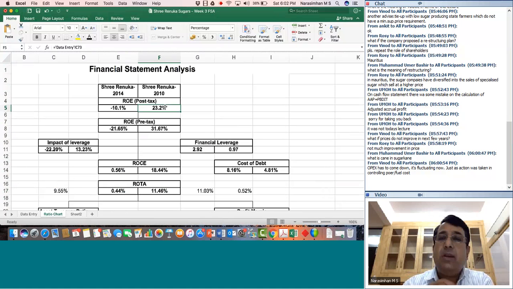So again, the last question is how do we differentiate our analysis between the lender and investor? Lender looks only at the historical data, takes the current one, and then decides. Whereas an equity investor not only looks at the historical data, but also looks into future data.